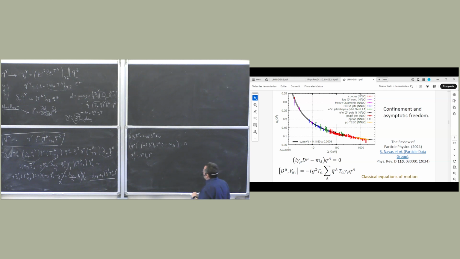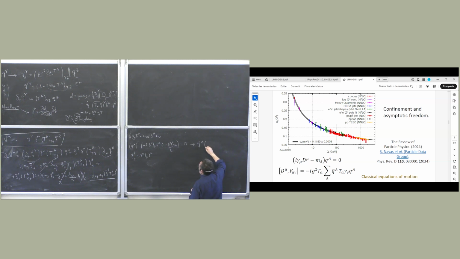Good. Now in this term, I can put gamma 0 free, because gamma 0 squared is 1, right? And therefore, the equation of motion should be, if I am not doing anything wrong, because q_a dagger gamma naught is q bar, so then it's going to be q bar.